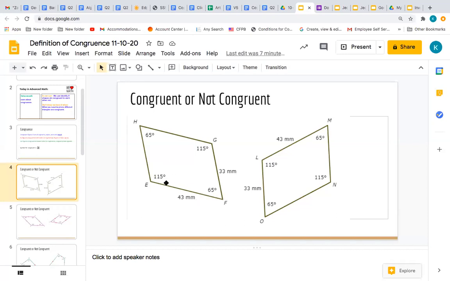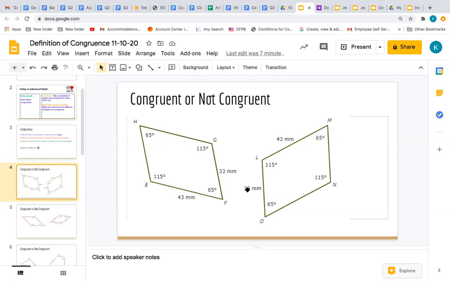If you add these two, 115 plus 65, that's also 180. Adjacent angles add up to 180, so those two sides are parallel. Therefore, you can call these two a parallelogram.